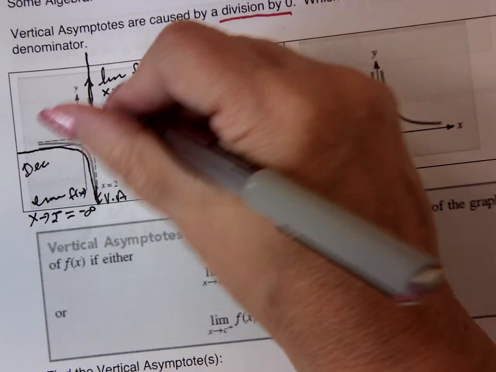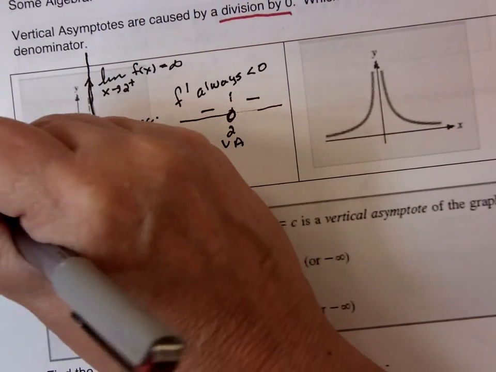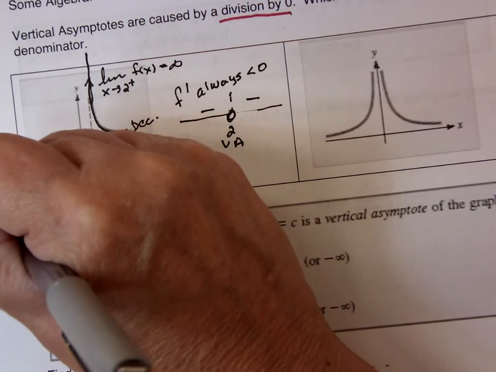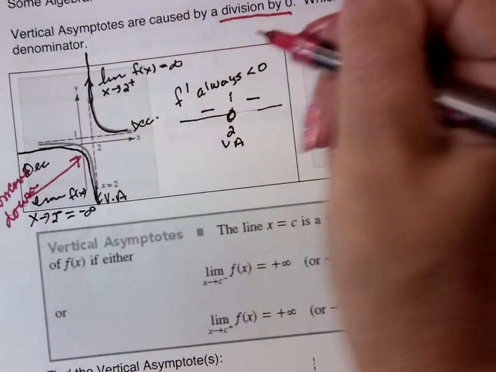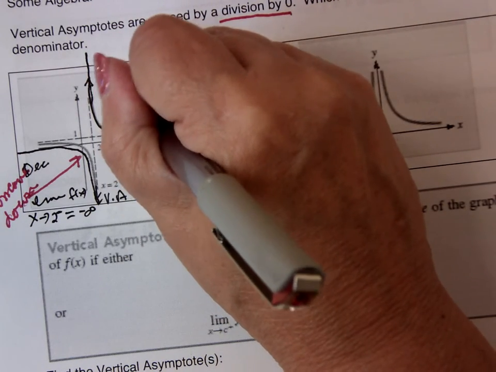Now, the other thing I notice is this guy on this side is concave down. And on this side, he's what? Concave up.